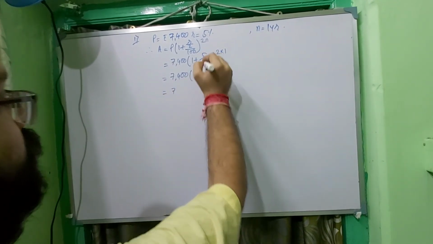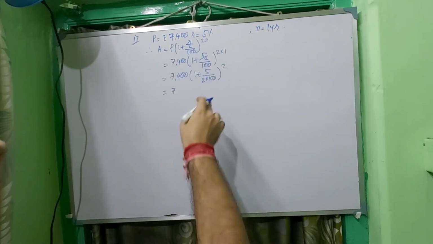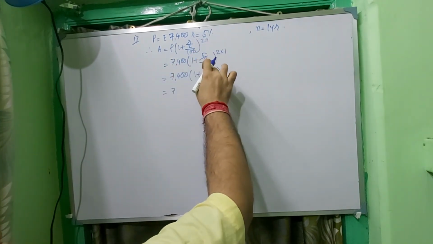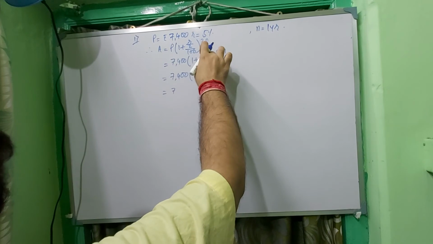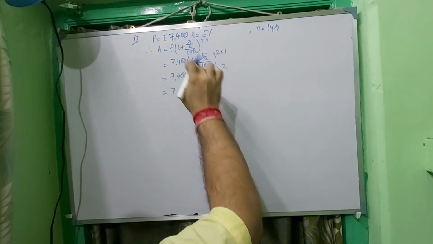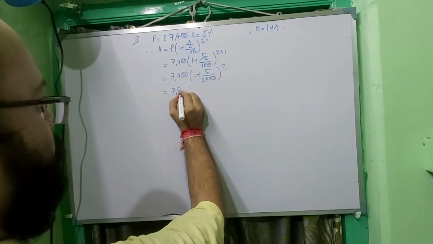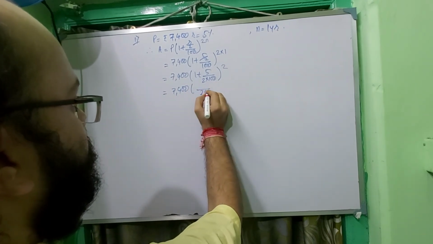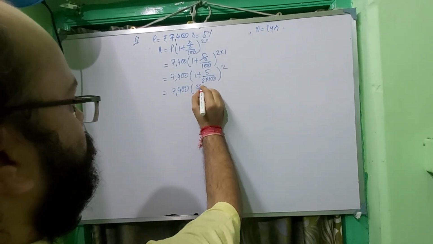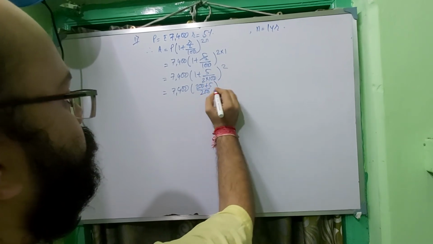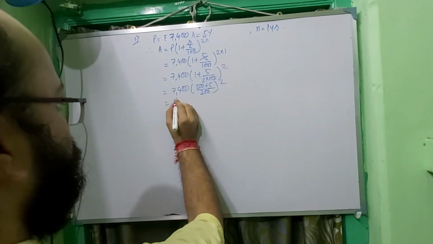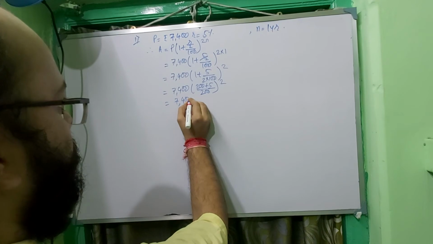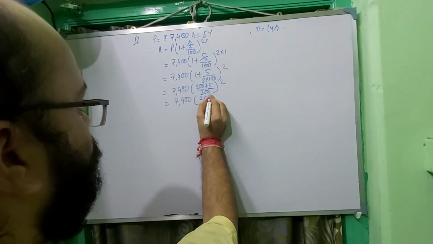You can easily change that first into last, second into third. It is first into last means 5 into 1, second is 2, 2 into 100. You can easily do that. It will be easier for you. Means 200, it will be 200 plus 5 by 200, 7,400. 205 by 200.